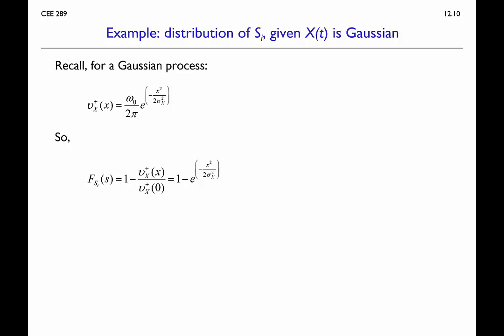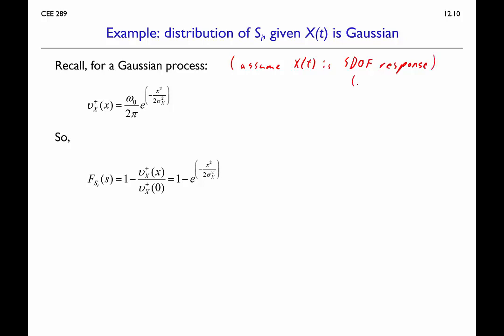So we could think about, for example, let's say we assume x of t is a single degree of freedom response, say to Gaussian white noise. Then we know that x of t is also Gaussian because it's a linear response.